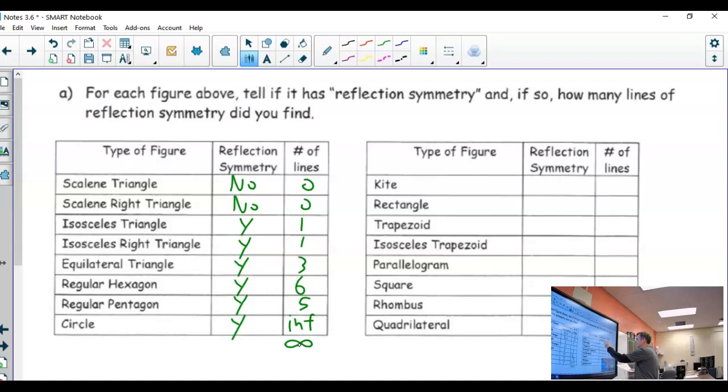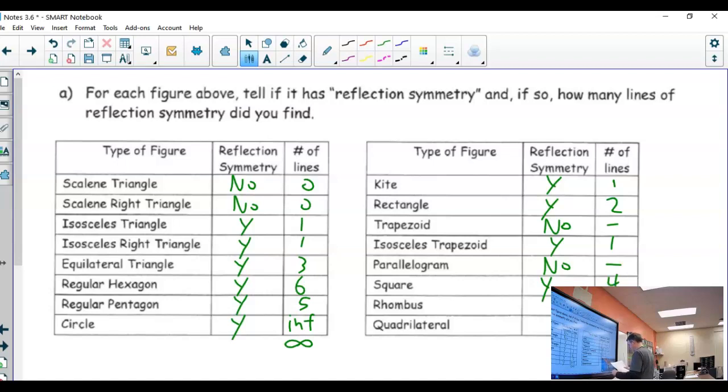The kite has 1, the rectangle has 2, the trapezoid did not have any. The isosceles trapezoid, though, does have 1. The parallelogram does not have any. The square actually has 4.